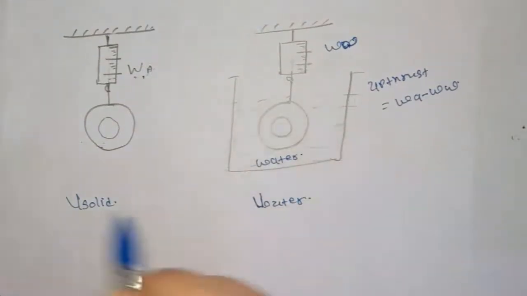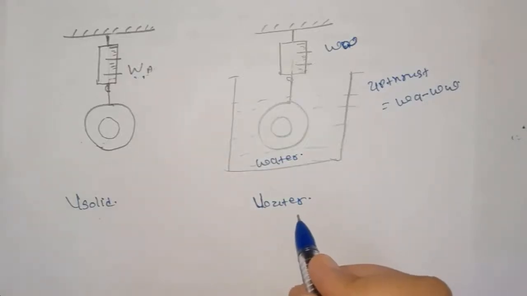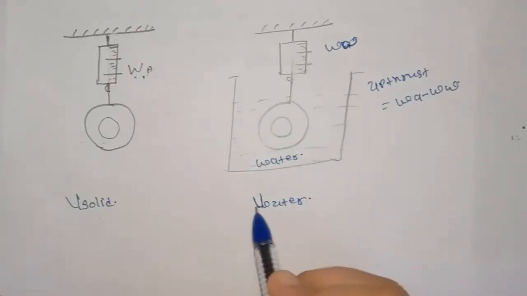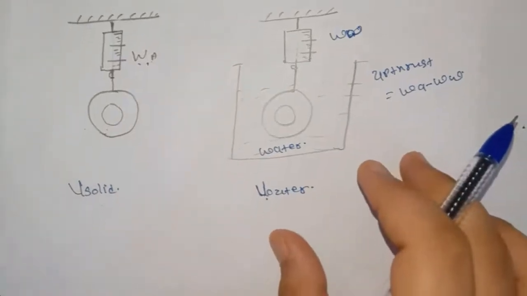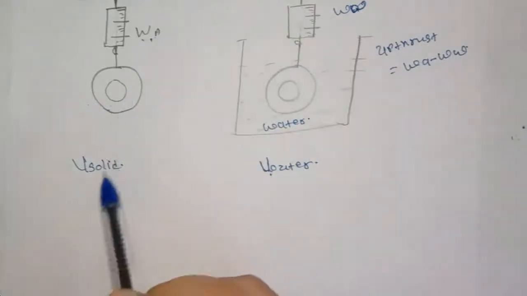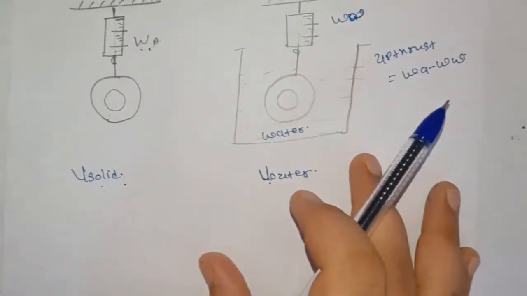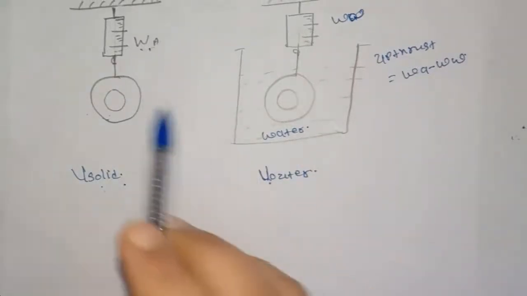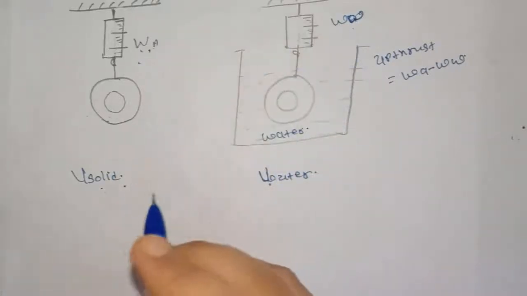So we will find the solid volume, we will find the outer volume, and we will check whether solid volume is greater than outer, or less than outer, or equal to outer. To find the solid volume, we are given three things: weight in air, weight in water, and density of body.